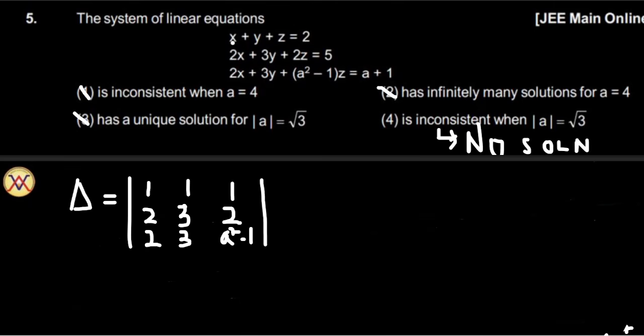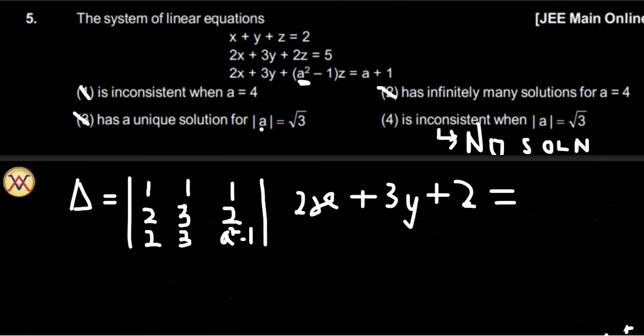Because when you look at this equation, the first equation is x plus y plus z equals 2, 2x plus 3y plus 2z equals 5. Now put the value of root 3 here. Then for the third equation, we get 2x plus 3y plus 2z, since root 3 squared is 3, and 3 minus 1 is 2, and a is root 3, right?